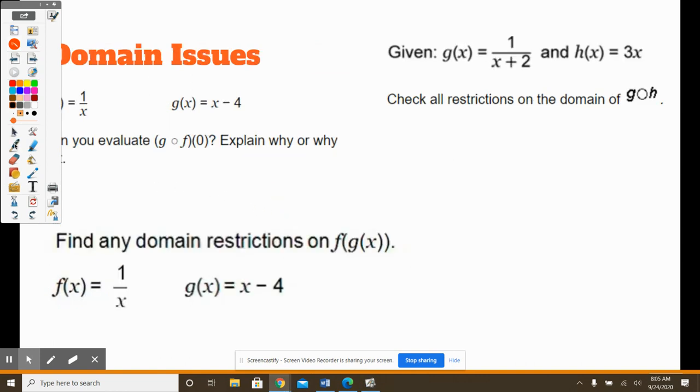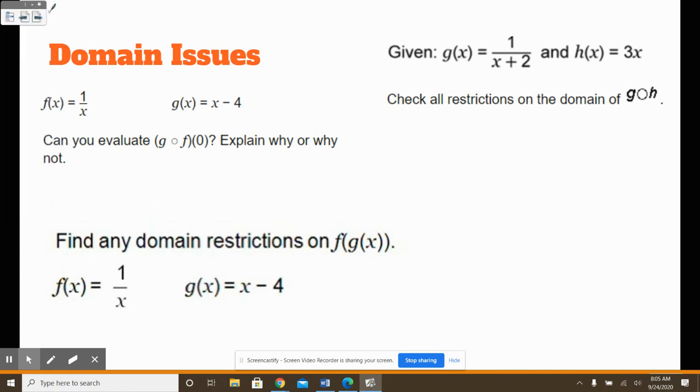All right, domain issues. Do not forget the risk factors. When you look here, this guy has a risk factor, x cannot equal 0. This guy is fine. This will be negative infinity to infinity. So they want to know, can we do g of f of 0? Is that going to be a problem? Well, what is f of 0?